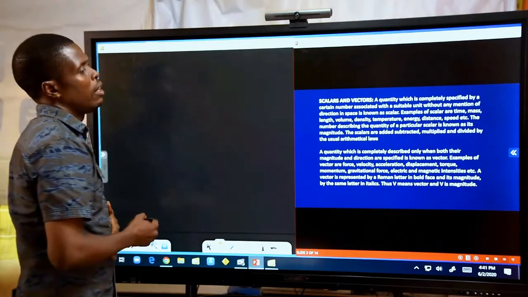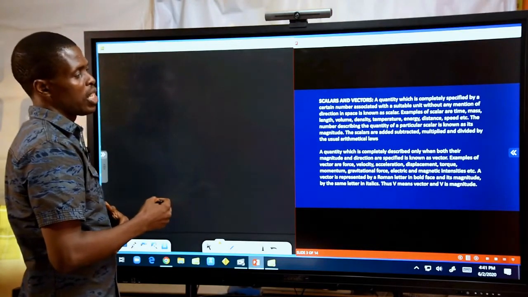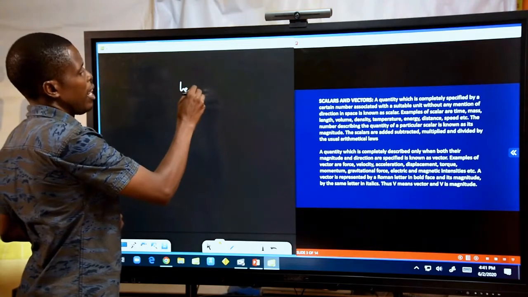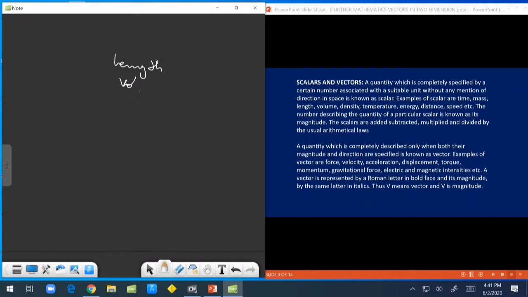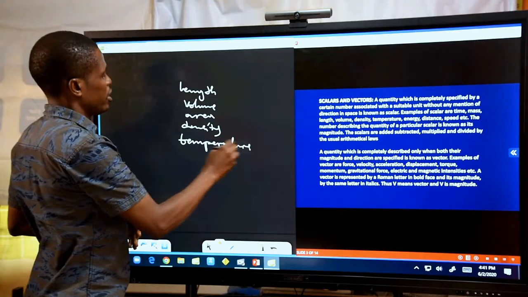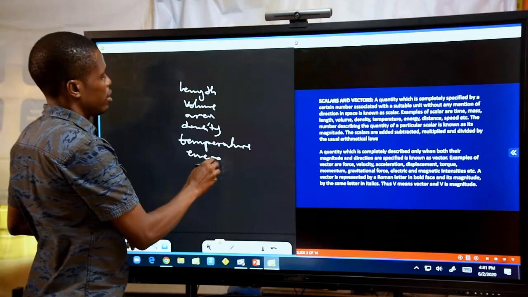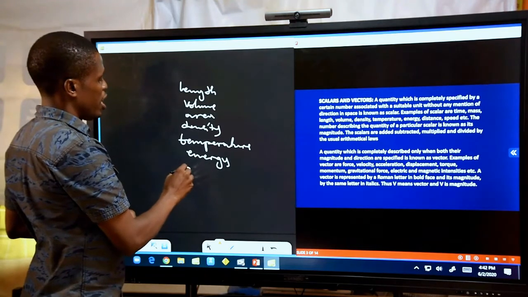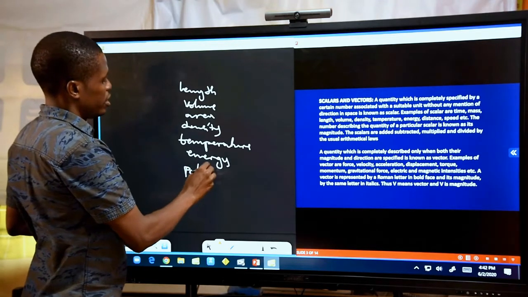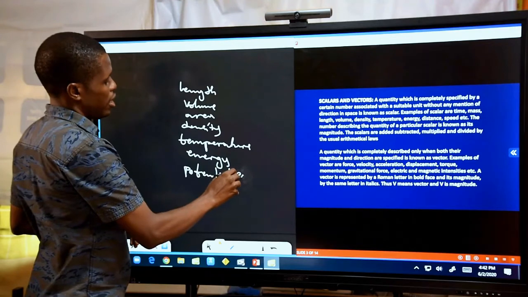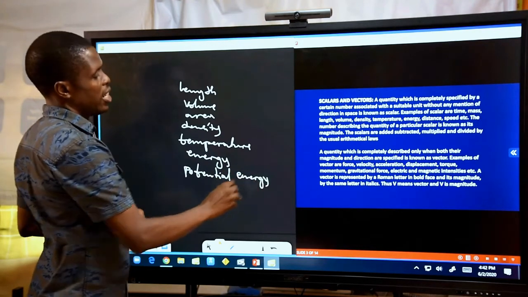But when you say scalars, examples of scalars, we have length, volume, area, density, temperature, energy, and potential energy, etc. These are all scalar quantities.